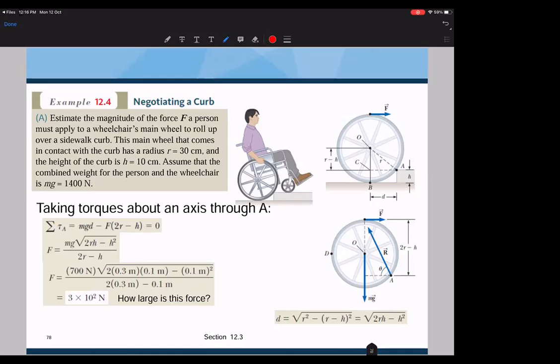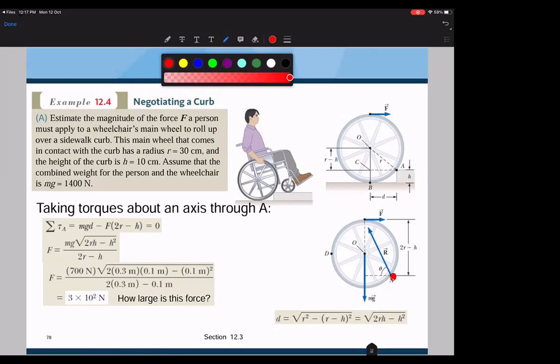And as we are trying to take the advantage of the equilibrium calculation, we consider the net torque about the point A. Because if we take the torque about the point A, we could neglect altogether the contribution from R. R is acting at the point A, where the curb is in contact with the wheel.